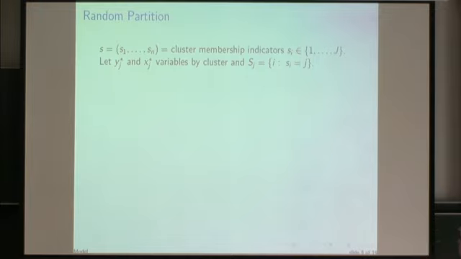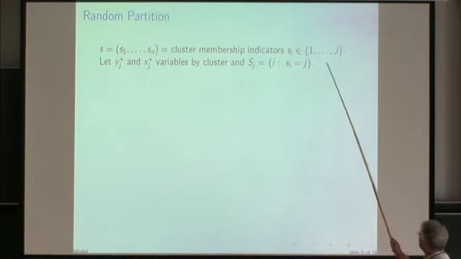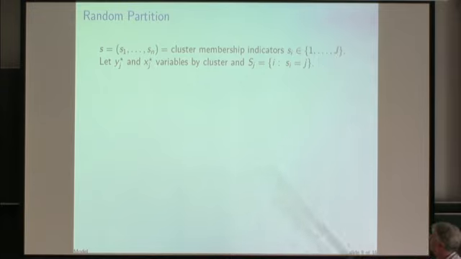Then that's a partition. So I'll use cluster membership indicators S1 through Sn, where n is the number of patients, to arrange my patients into a number J of clusters. The number J itself is of course random.